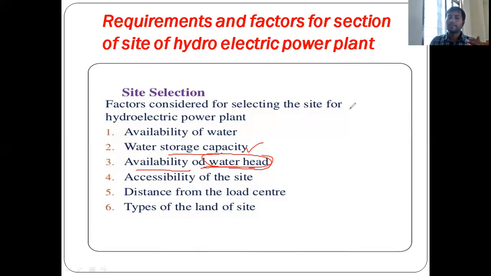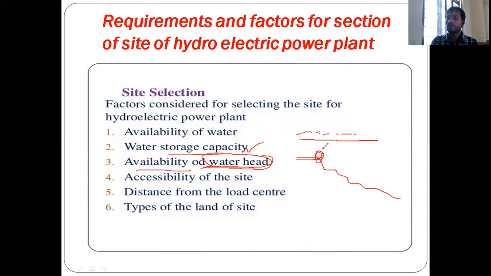Water head is nothing but height, the physical difference between the ground level and the height of the hilly stations. We never construct a hydroelectric power plant on a flat surface. If the water is flowing along a flat surface, we never construct the power plant in that location. We construct the power plant where the terrain is like this.